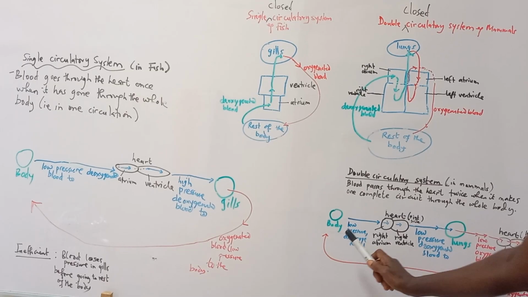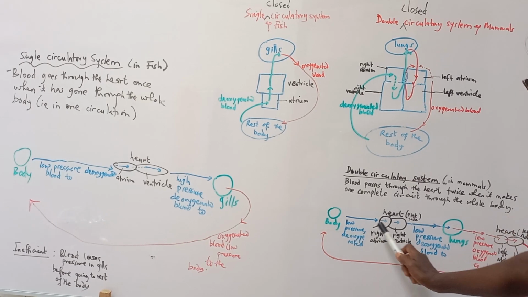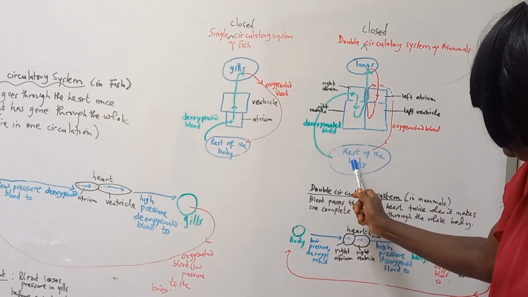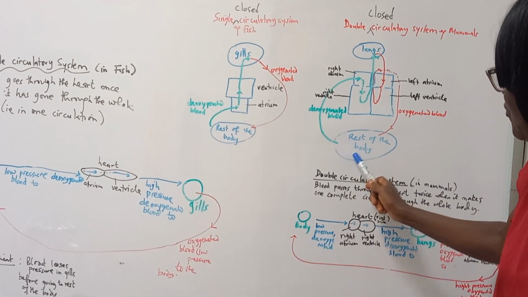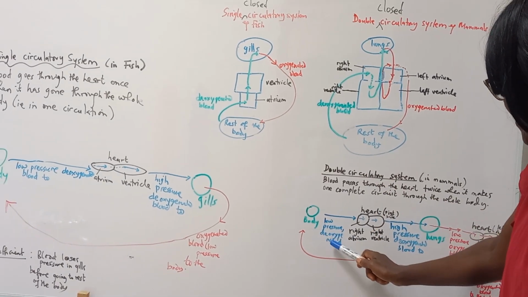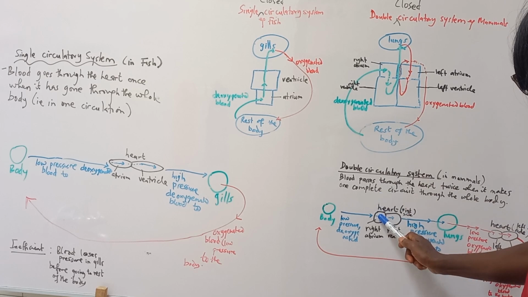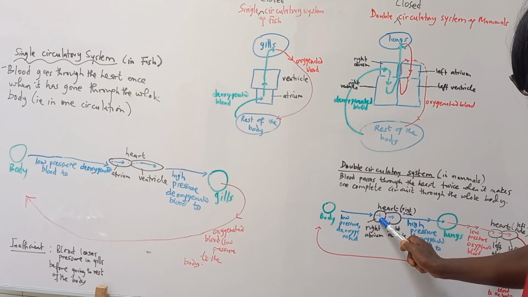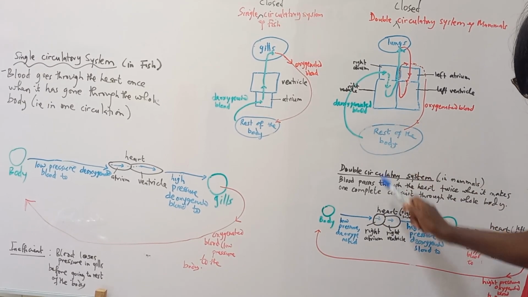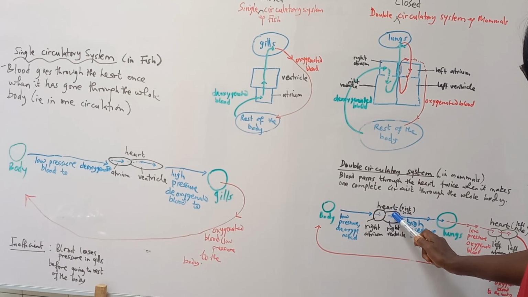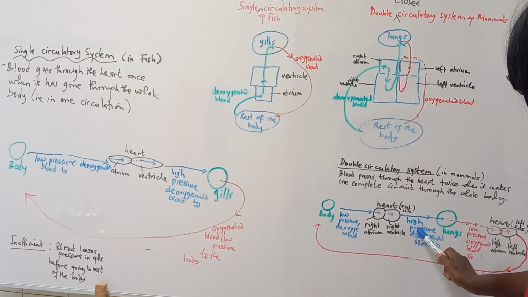So, in double circulatory system, blood passes through the heart twice when it makes one complete circuit through the whole body. This is how I have diagrammatically done it. Blood from the body, which is low pressure because it has gone through capillaries, and is also deoxygenated, comes to the right side of the heart. Right atrium, and then goes into the right ventricle, and in the right ventricle the blood is pumped with high pressure to the lungs.